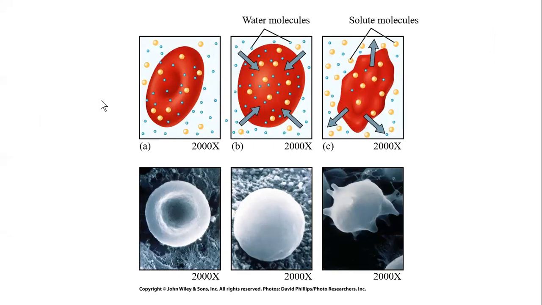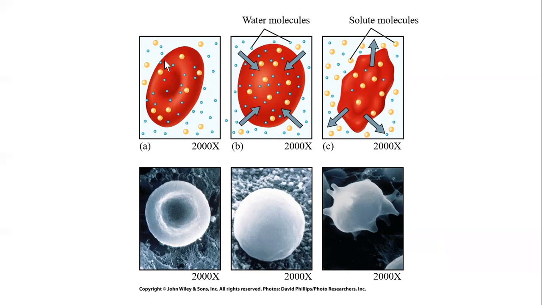This illustration is from your lab manual, and let me find the page number. This is page 48 in my lab manual, and I'm looking at figure 5.3. So here you see a red blood cell, which is typically donut shaped.